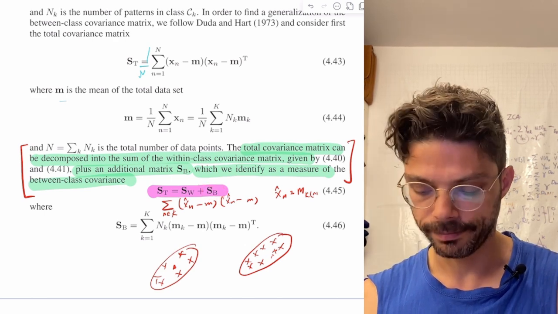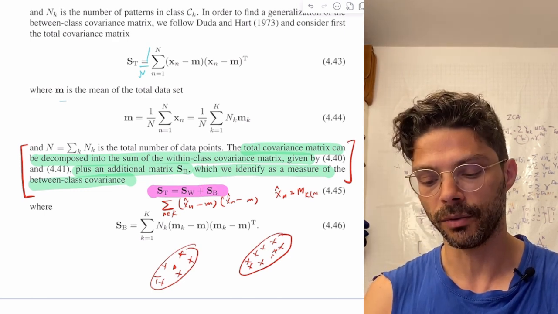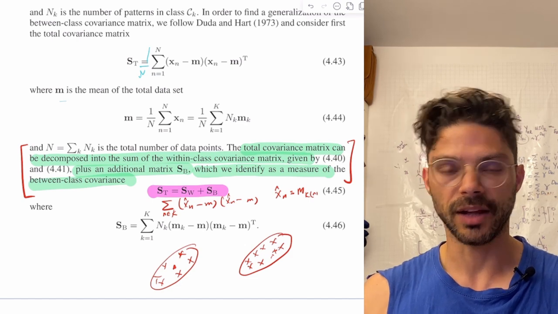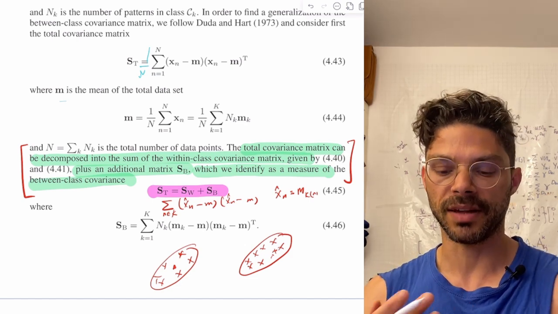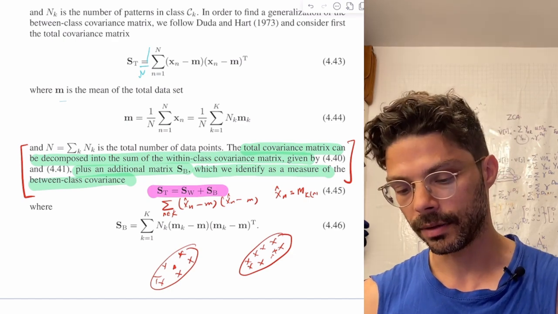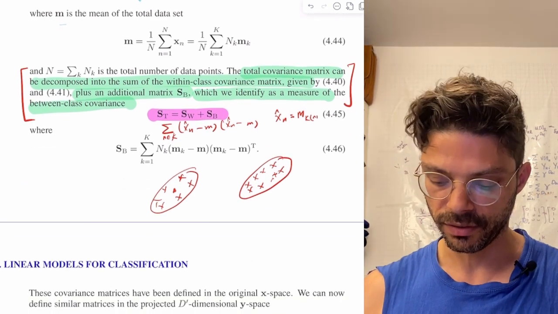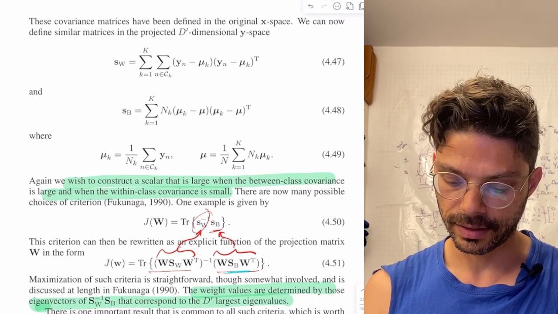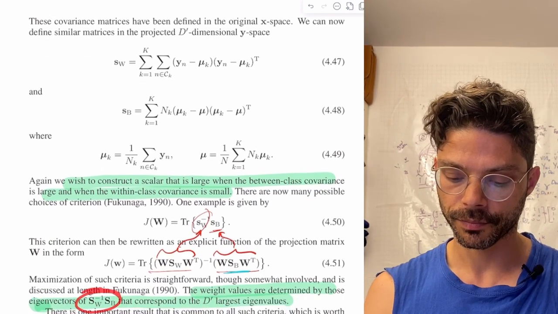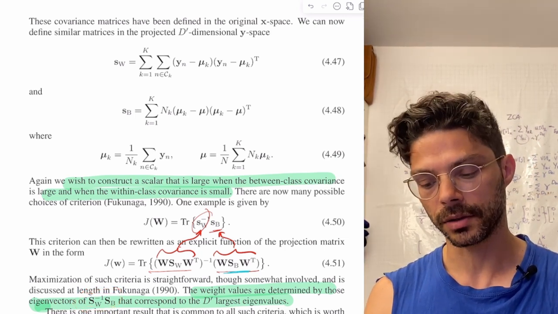So that's how you define it, and then coming up with the criterion to maximize SB while minimizing SW. And again, it's not always clear what that criterion should be. The references show there are multiple options, but the one that is typically used, and the one used here, is essentially finding the largest eigenvalues of this matrix.